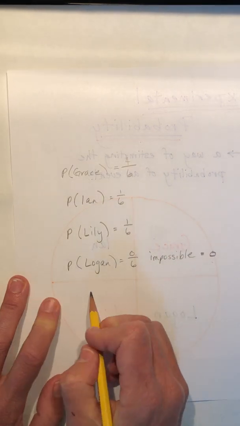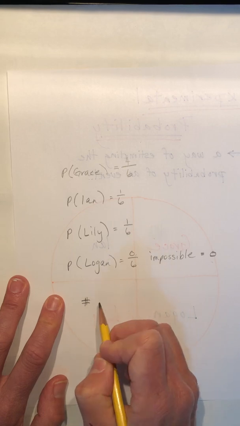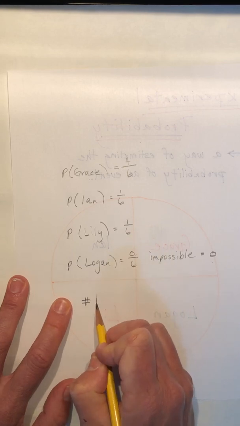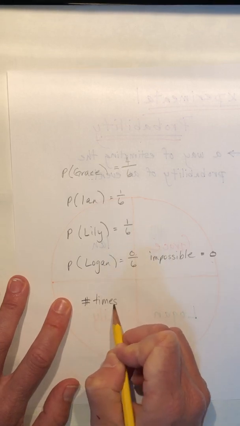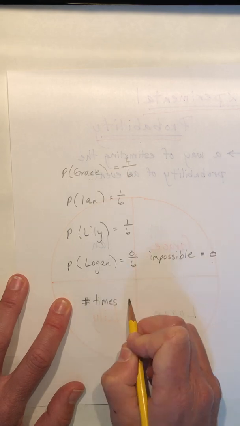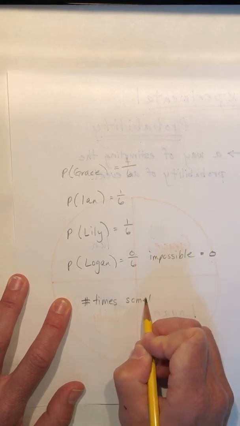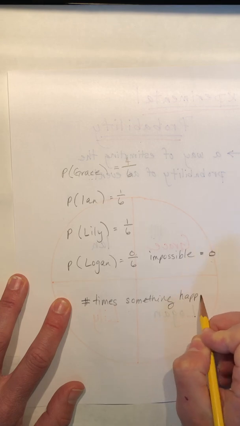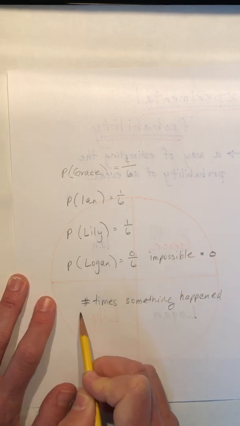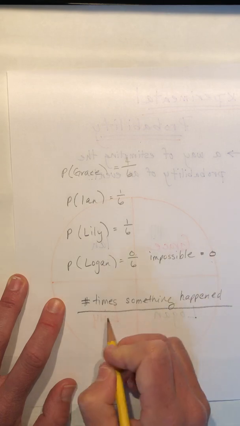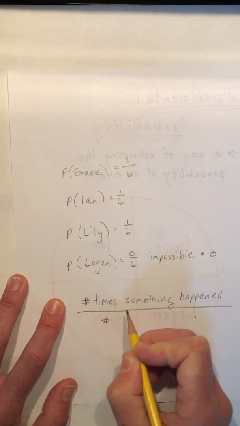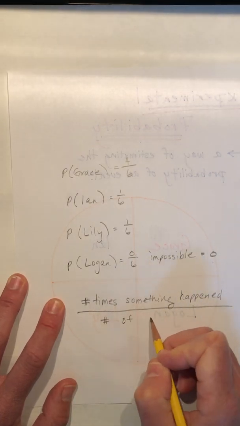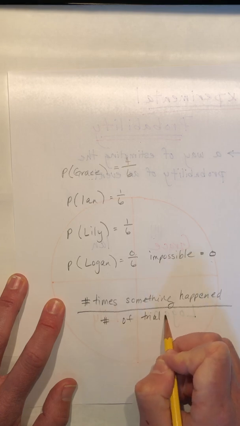It is the number of times something happened over the total number of, we call that trials.